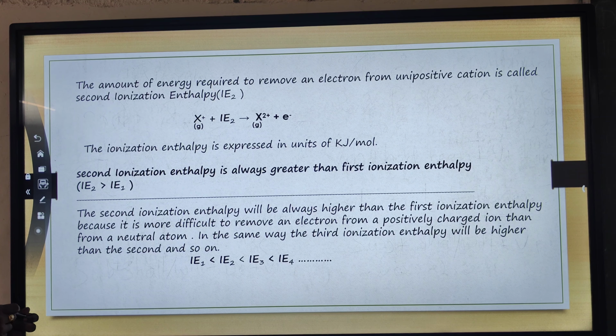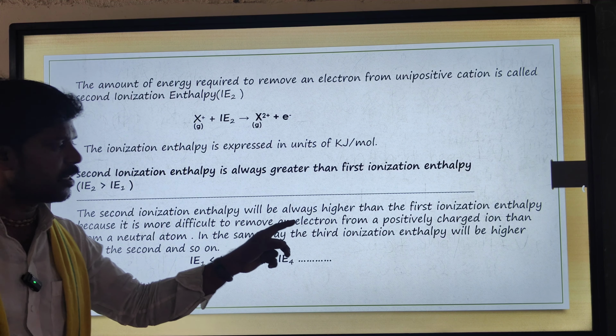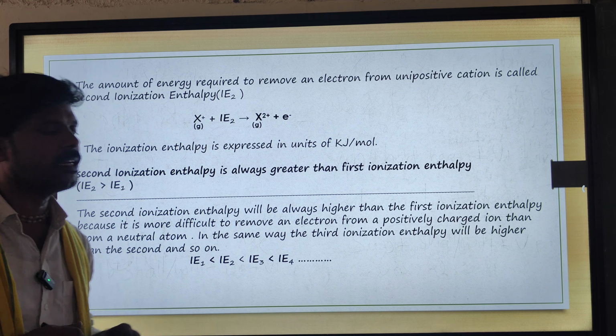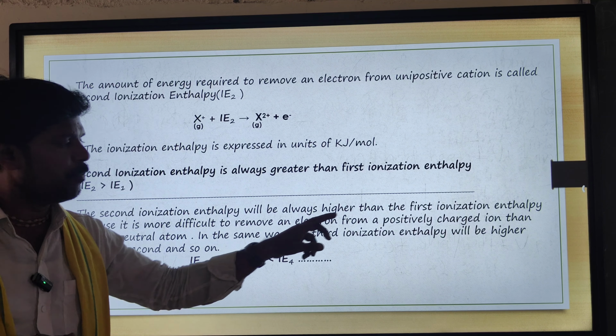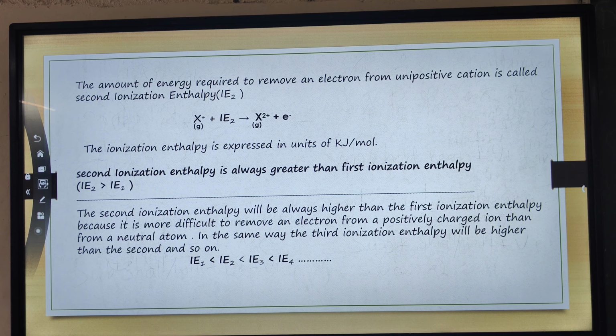What is the reason for IE2 always being greater than IE1? The reason is it is more difficult to remove an electron from a unipositively charged cation than from a neutral atom. An electron in a positively charged ion is tightly held by the nucleus compared to a neutral atom. That's why second ionization enthalpy is always greater than first.